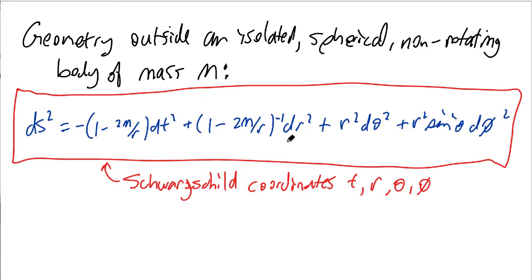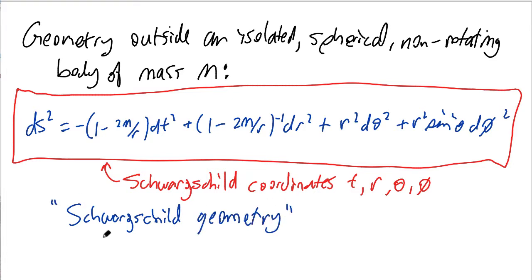And the geometry described by this line element is often referred to as the Schwarzschild geometry, or we might also use the term Schwarzschild spacetime.